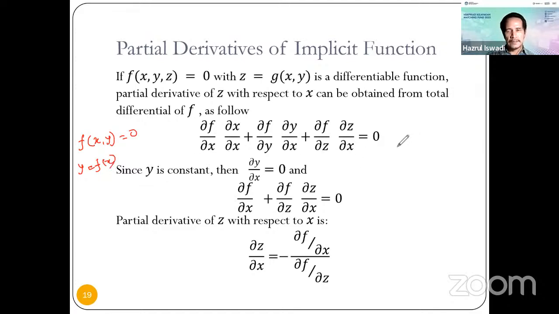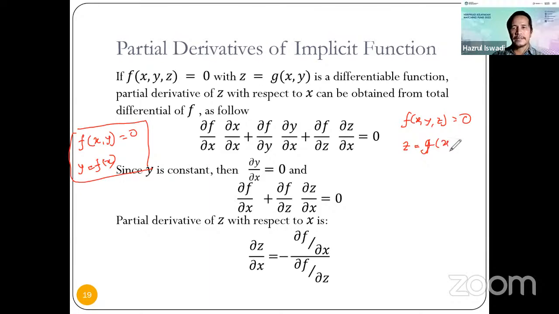In this slide, this concept is extended. So if we have three variables x, y, and z, with f equal to 0, and z is a function of x and y.